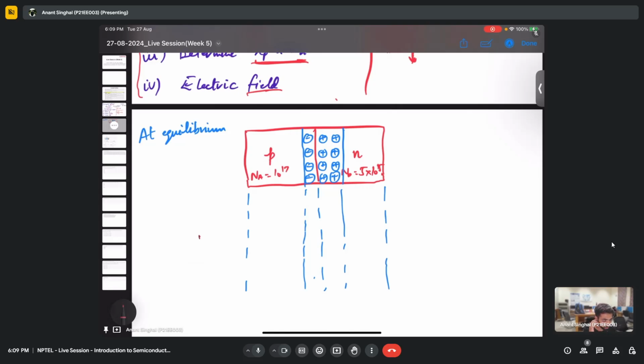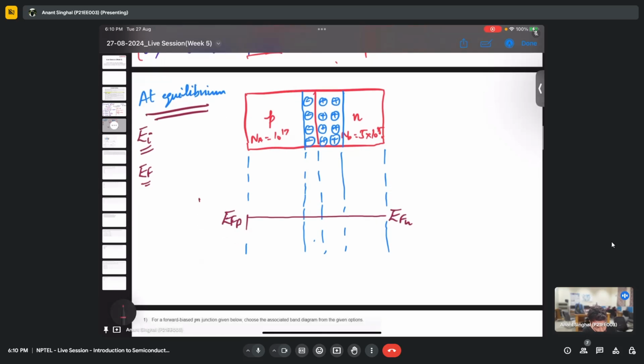No, no. I'm not asking about the intrinsic level, I'm asking about the Fermi level. They will be aligned. Yeah, aligned means it will be constant throughout the junction. By aligned we mean that we have not applied any bias, so the Fermi level will be constant for both the P and N side. Let's say this is EFN, and this is EFP. This will be aligned because there is no applied bias at equilibrium.